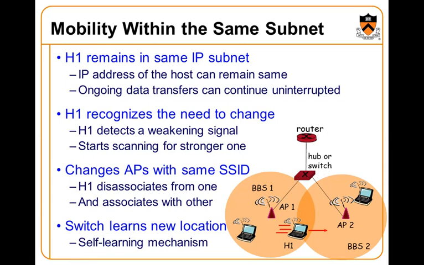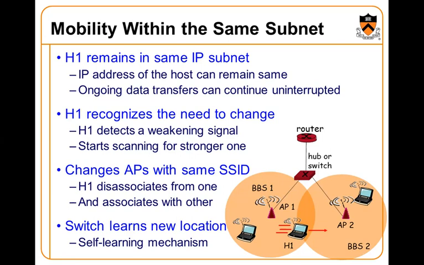So in this regard, the communication that is going on in that subnet will remain uninterrupted as the switch is the same. Similarly, host 1 recognizes the need for a change of connectivity point.